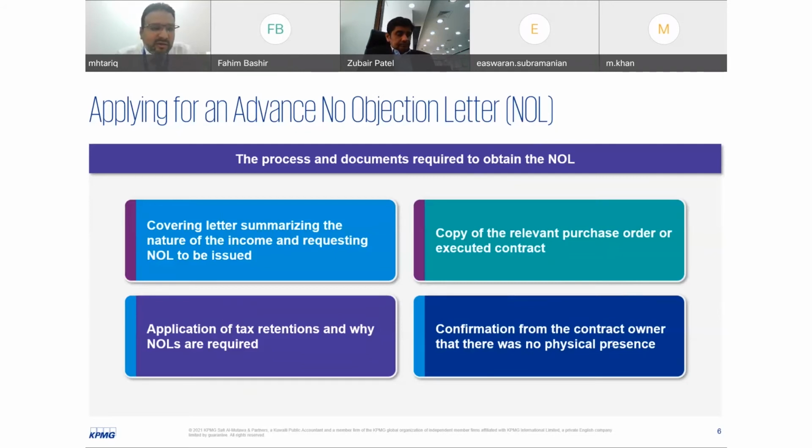So especially for companies participating in mega projects in Kuwait, we have seen that tax authorities also ask for supplier or contractor confirmation to make sure they don't have any other contract performed in Kuwait. So this is the general process.